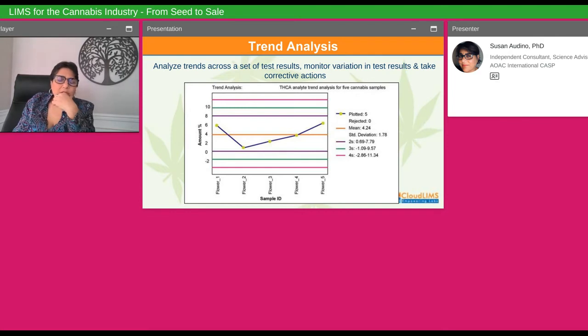If we notice that our QC continually trend upward or downward, maybe there's an indication there that something has gone awry, and it will give us an opportunity to back up and look at what could potentially be happening before it goes out of compliance. So trend analysis is hugely important in the laboratory, and Cloud LIMS is making that a very accessible and easily used feature.